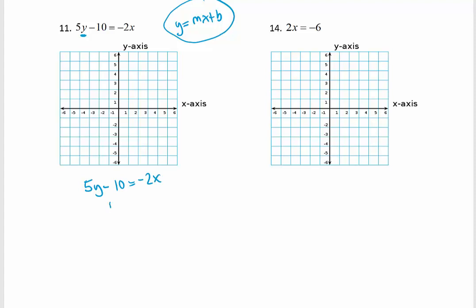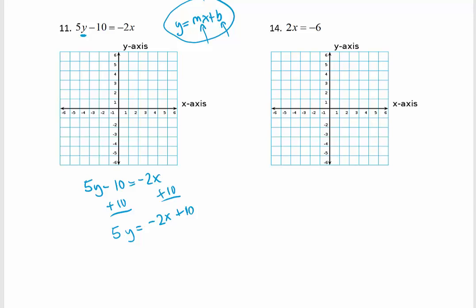So let's see. I always undo addition or subtraction first, so I'd add 10 to both sides. 5y equals negative 2x plus 10. Notice I wrote the 10 in the second spot. The reason I'm doing that is because I want my x variable to be in this slope-intercept form.